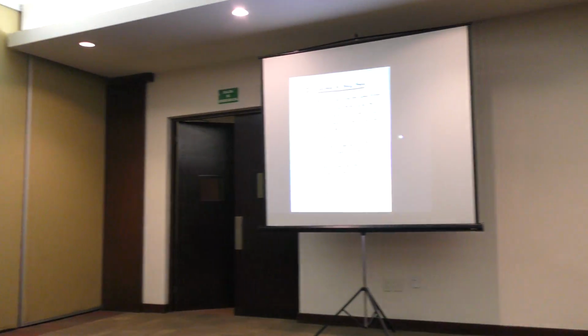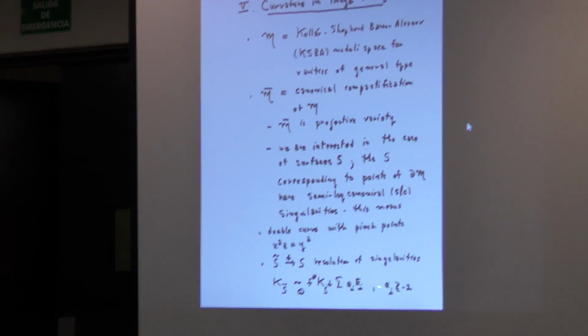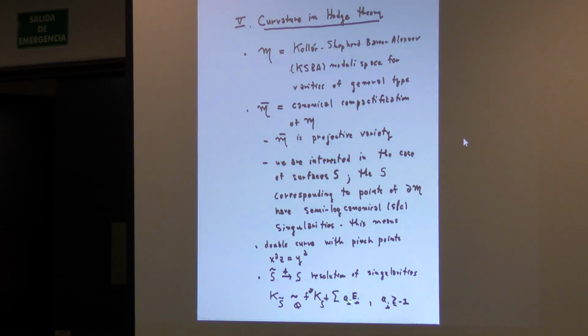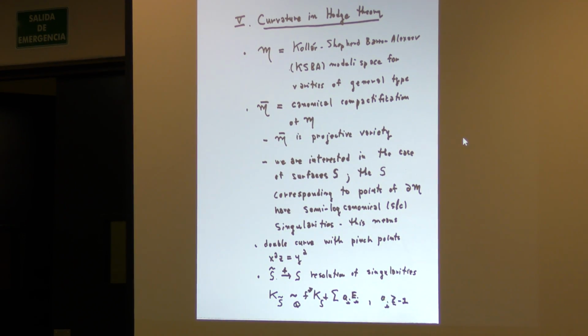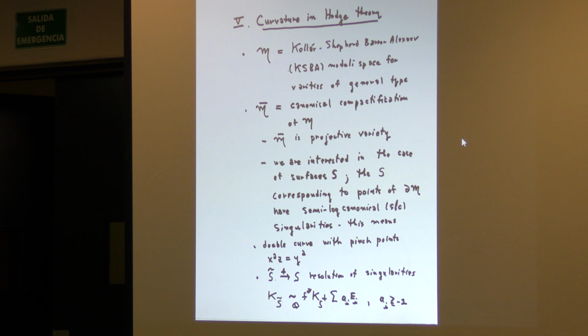You could imagine if you take a quotient singularity by a finite group, something will happen that you have to multiply by, say, the degree of the group that you divide by to get a line bundle. That's the sort of thing that happens. So you get this formula here, and the definition of semi-log canonical is these coefficients should all be bigger than or equal to -1.